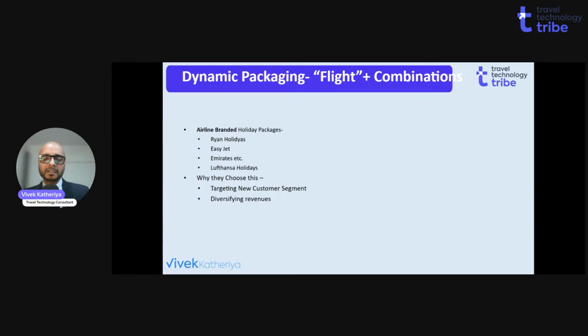With this, there is another revenue stream with the combination of flight and other land products. Of course, optimizing margins will be included, because as a whole package you can have more revenue, the turnover can increase, and your margins are good there. That was for the flight combination.